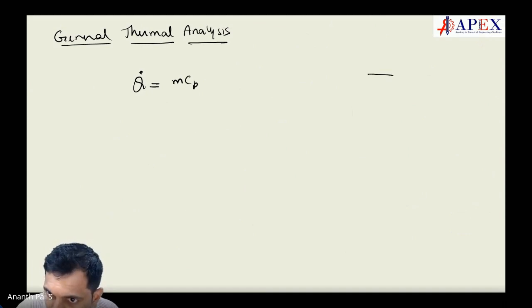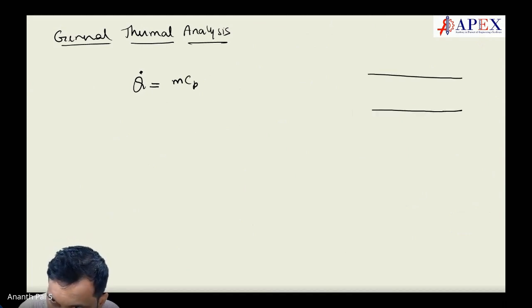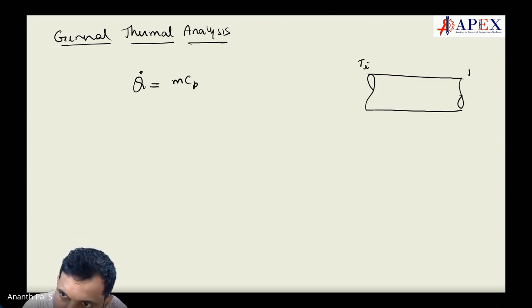What is the flow going through the tube? It's a bit difficult, students, to understand, so you have to put in a bit of effort here. So this would be T inlet, and this would be T exit. Let us put T E. T E and T I are the mean temperatures at the exit and the inlet.